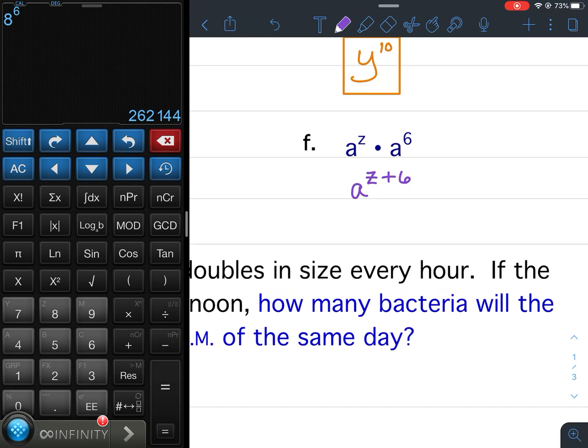Very crucial. But now that we're going to be working with variables as exponents, also have 2's as exponents, you must put a line through your z so you don't get confused. Can you add z plus 6? Can you simplify that? No, you cannot. Therefore, my final answer for F is a to the z plus 6.